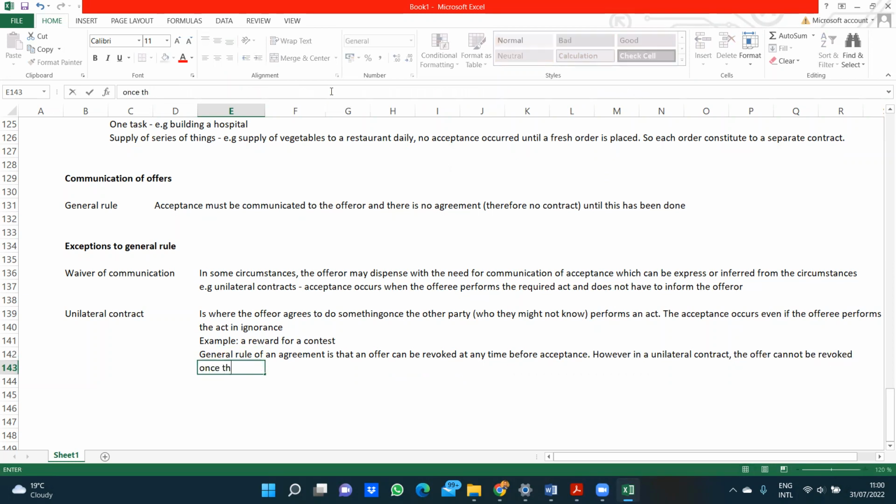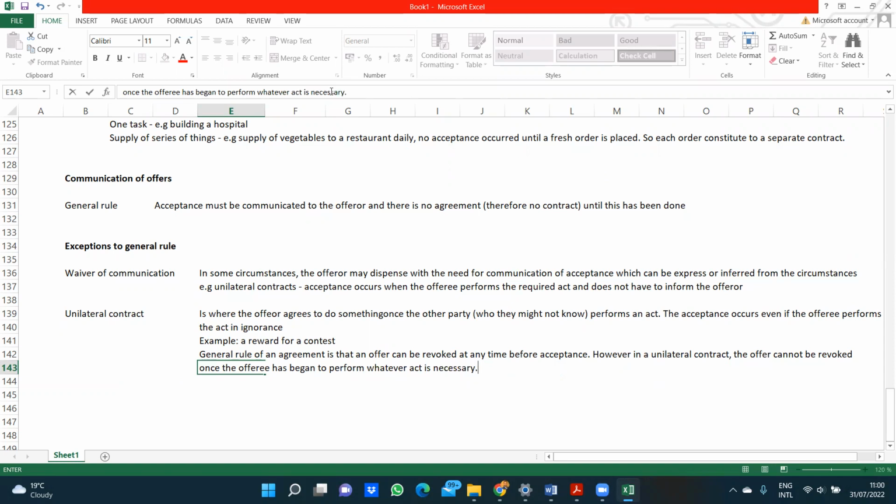once the offeree has begun to perform whatever act is necessary.